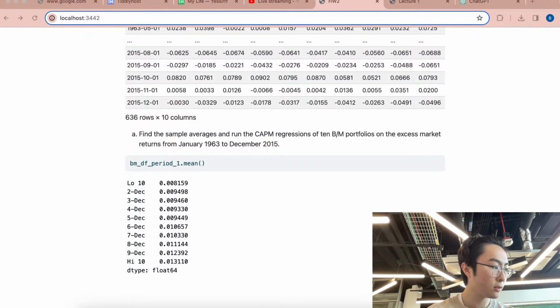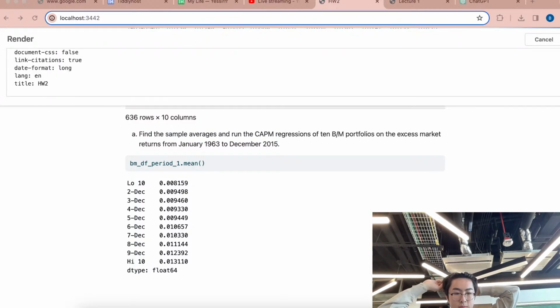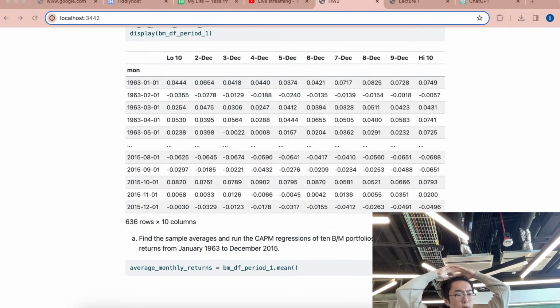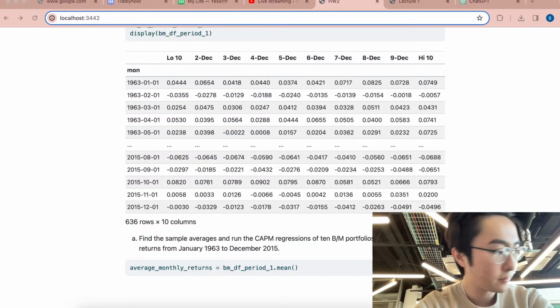Average monthly returns. Okay, so those are the average monthly returns, and then we want to, I guess, run the regression for all of these.